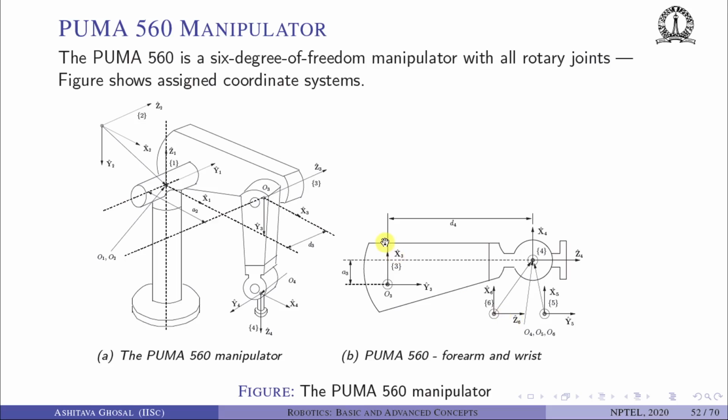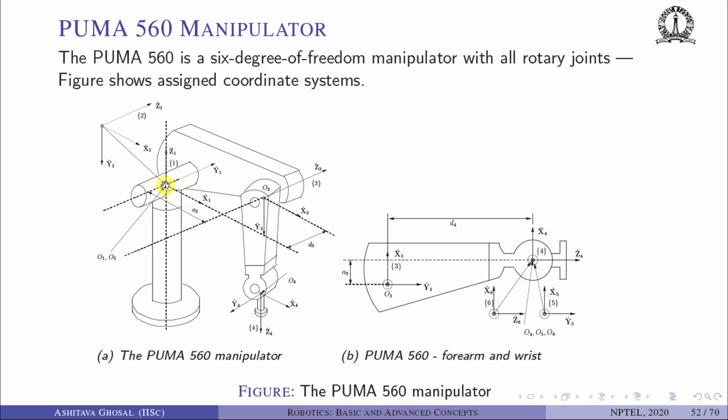So we have assigned z1 through z6, x1 through x6, and where is the origin? The origin is at the intersection of the common perpendicular with the joint axis. For example, O1 is here, between joint axis 1 and the common perpendicular.